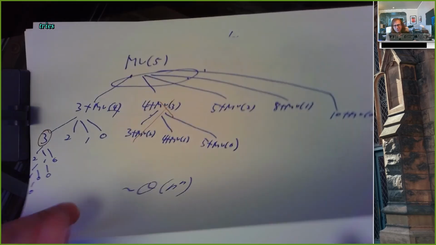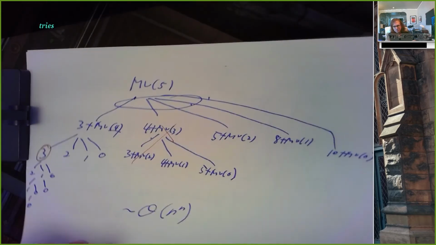All right, well, let's pivot and talk about tries right now, since they're on the quiz. And we're talking about n-way trees anyway for looking at this recursion. And tries are a great example of an n-way tree.